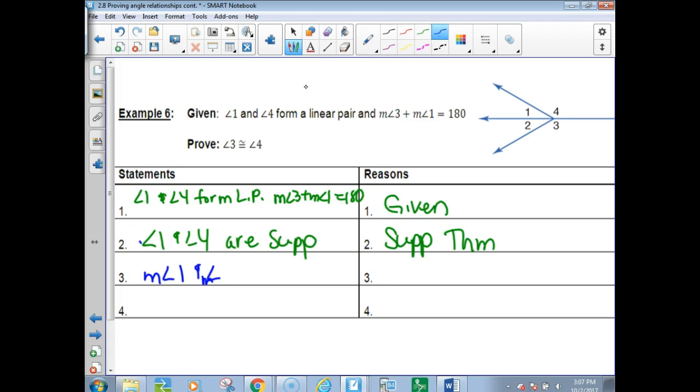Angle 1 and angle 3 are supplementary. I don't even have to have the M's on these. That's all we need to write. And that's by definition of supplementary because they already said that they add up to 180. So that's the definition of supplementary angles.